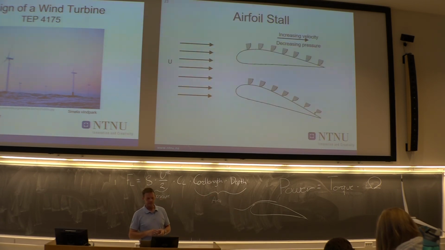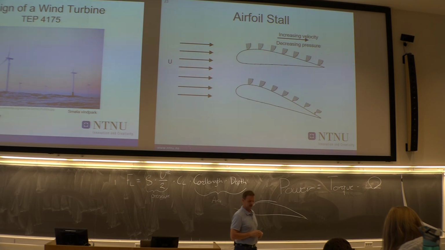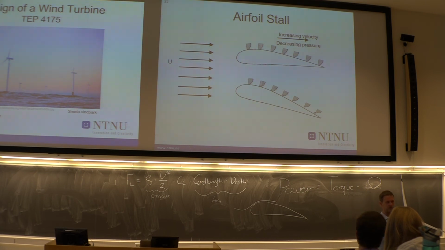Okay, let's define stall. There is a boundary layer on the surface of the blade. And of course we would like the wind velocity to follow the shape of the blade all the way to the trailing edge.